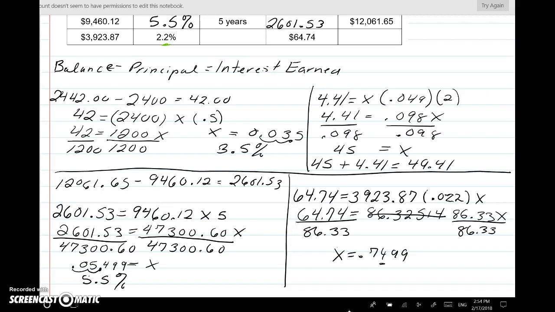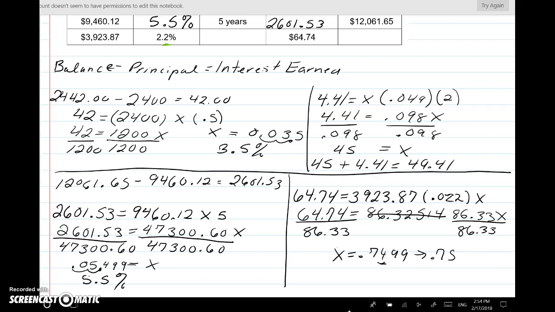Now, let's round this to our 100th place here, because it'll be easier in the long run, I think is the best way to explain it. So this is going to become 0.75. Now, 0.75, how could that be a time? How could I have 0.75 of the year?